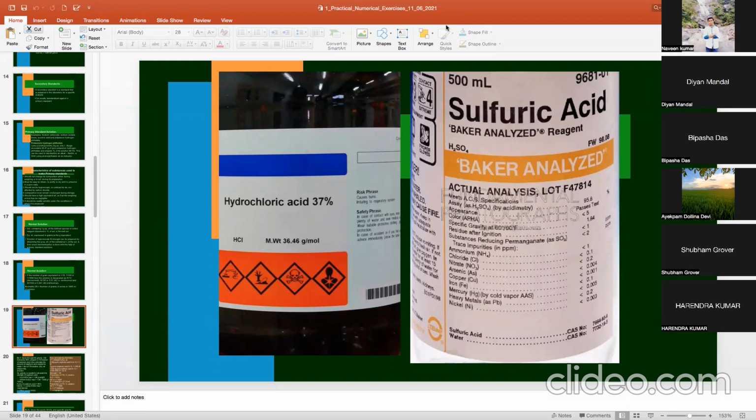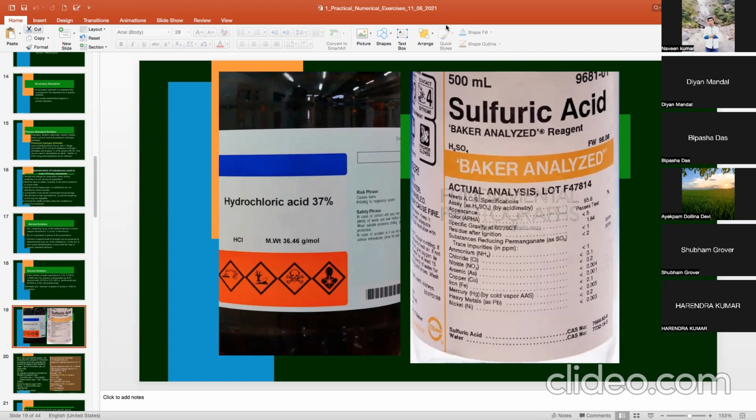Because in your bottle here, suppose you want to prepare 0.01 normal solution of HCl, hydrochloric acid. Only 2 pieces of information are given here, 37% purity and molecular weight. And one more thing is also given, which is not visible on this bottle, but on the right side bottle, you can find different parameters.